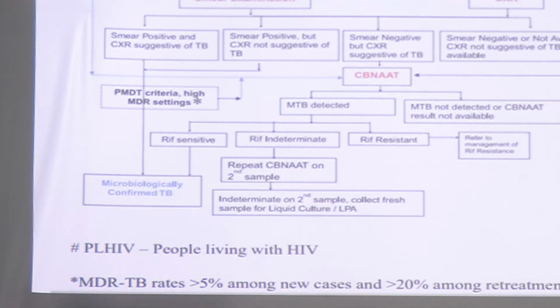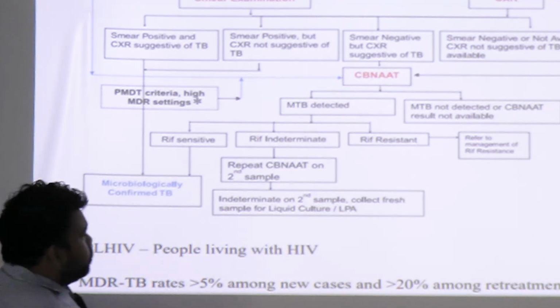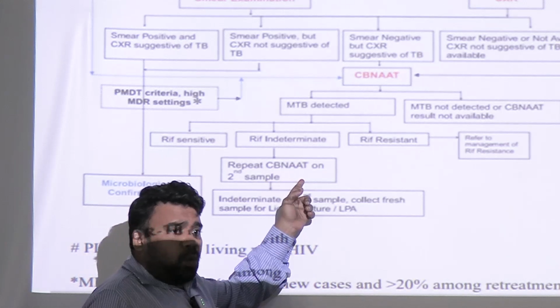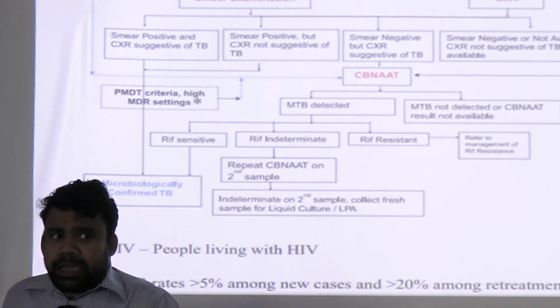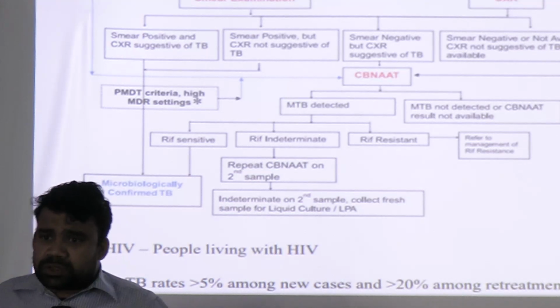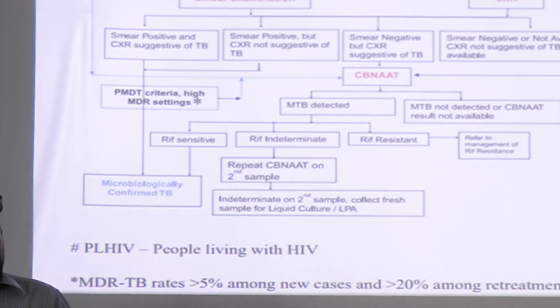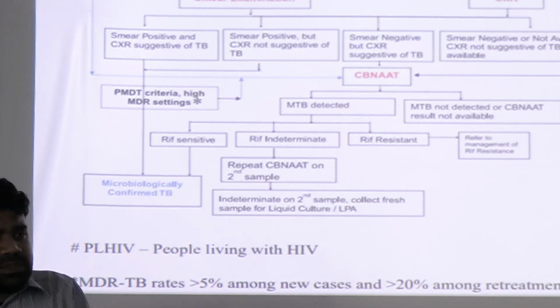Now, a very important part, which I have already told you, is the CBNAAT. Why? Because CBNAAT not only allows us to detect whether it is caused by Mycobacterium tuberculosis complex or not, but can also test for the presence or absence of the rifampicin resistance gene. Why is this important?